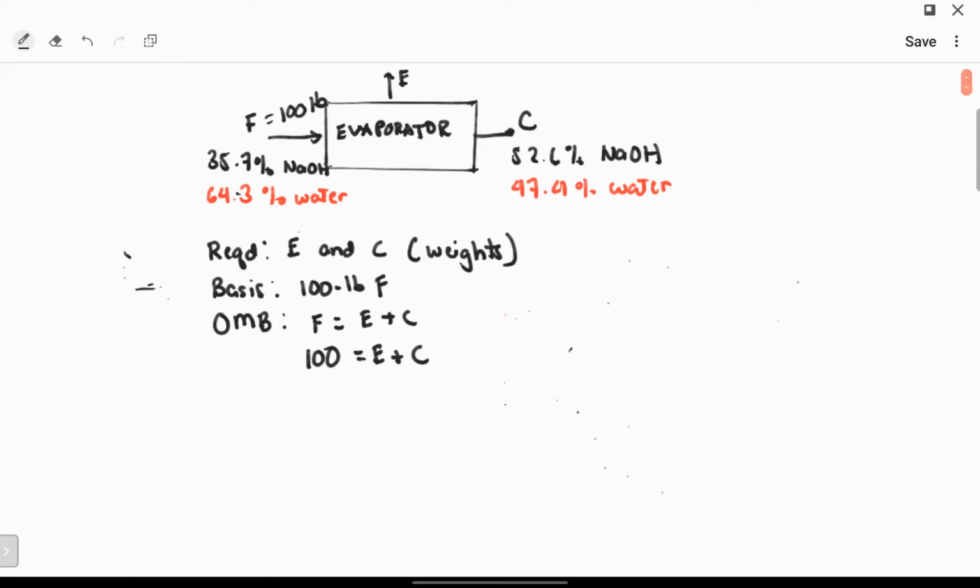All right? And anong gagawin dyan? So after the overall balance, syempre, punta ka na sa component balance. Now, you can choose among two components. We have two components, which is sodium hydroxide and water. So you can use either. So let's go ahead and use NaOH.